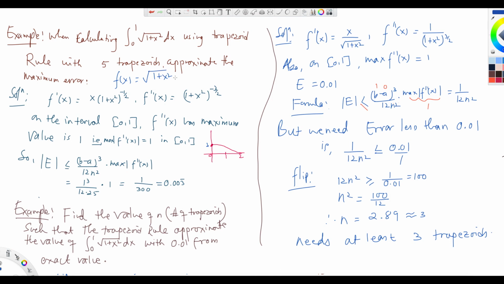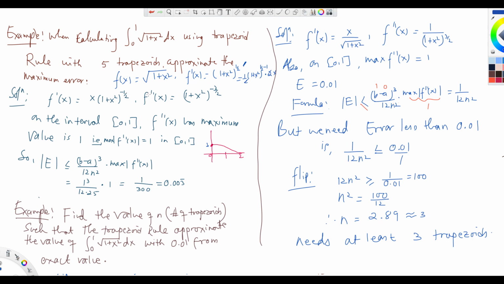How do I find f prime of x? It is (1 plus x squared) to the 1/2, so it is u to the 1/2, and the derivative is 1/2 times (1 plus x squared) to the 1/2 minus 1 times u prime, which is 2x. The 2 and 2 cancel out, so you get x times (1 plus x squared) to the negative 1/2.